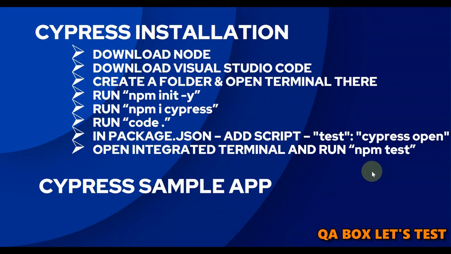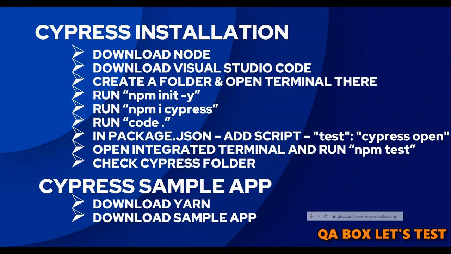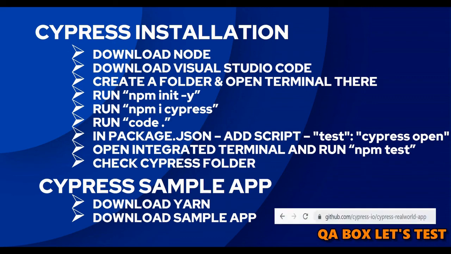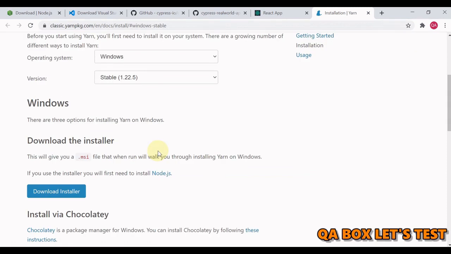Now let's look at the Cypress sample app. What you need to do is download Yarn onto your system and download the sample app from GitHub. So you can download Yarn from here onto your machine.